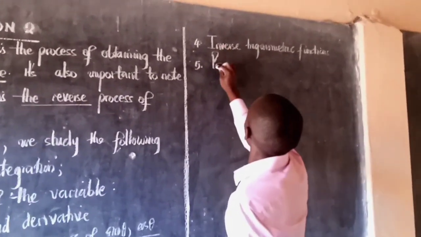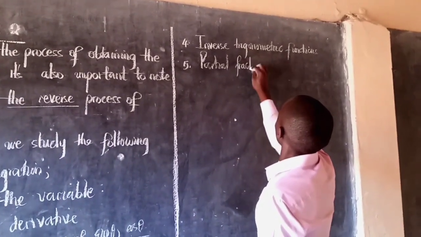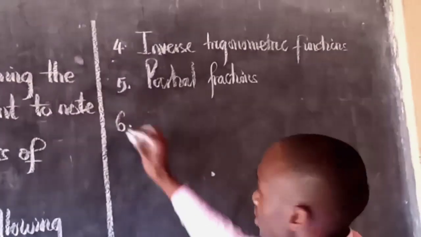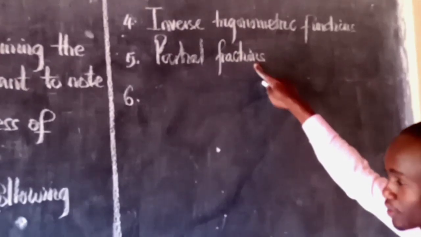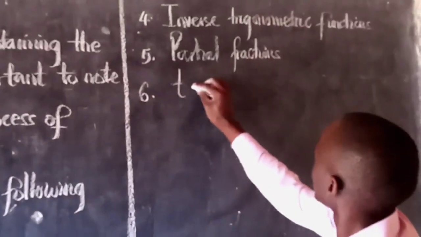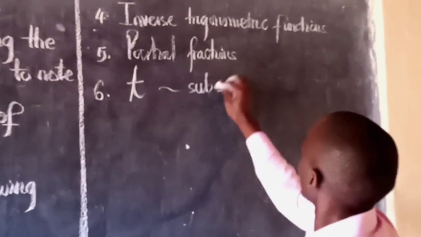Five, partial fractions, integrals that can be handled only when, dear viewers, you change into partial fractions. They are those specific integrals. Then there's what we call the parameter t substitution.